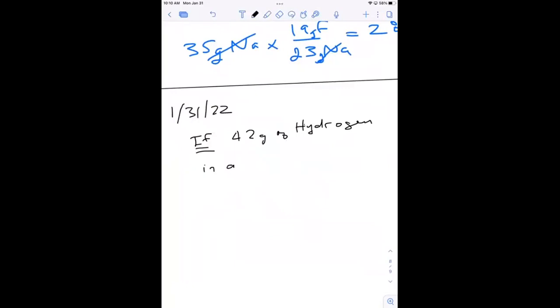Is in a sample, a pure sample. That's important too, because the law is based on pure compounds, or pure substances.